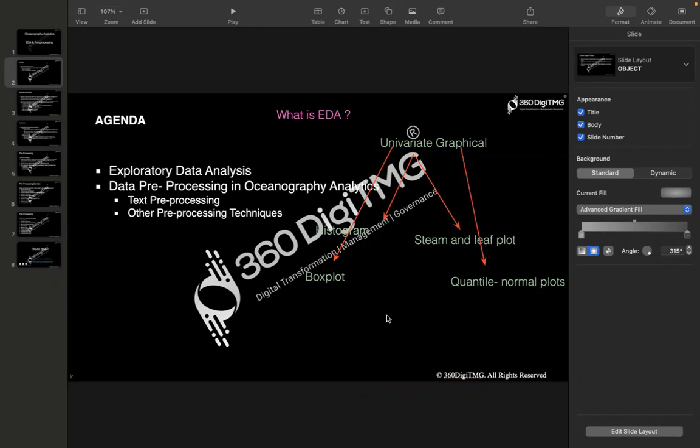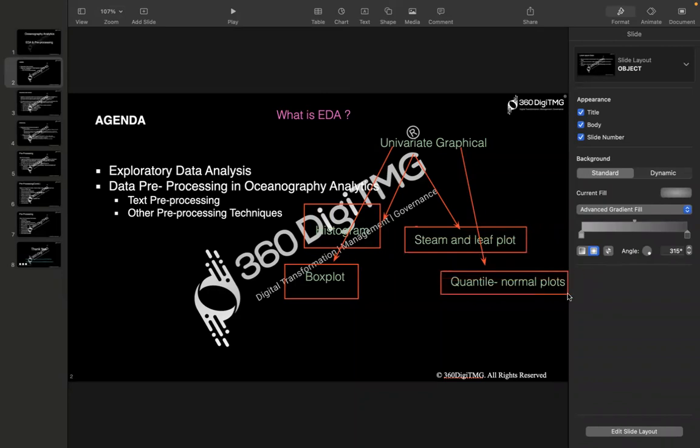Then the box plot, another very useful univariate graphical technique.